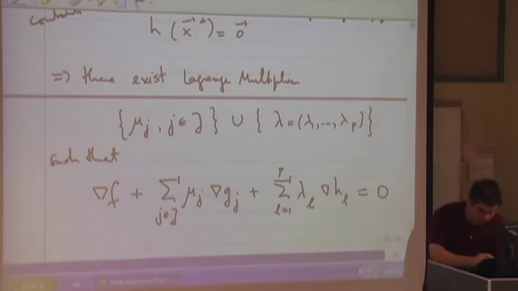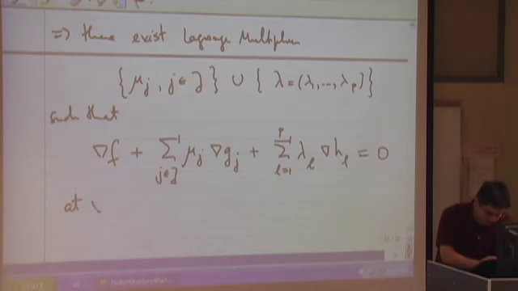Of course, this is all at the optimal, at x equals x star.